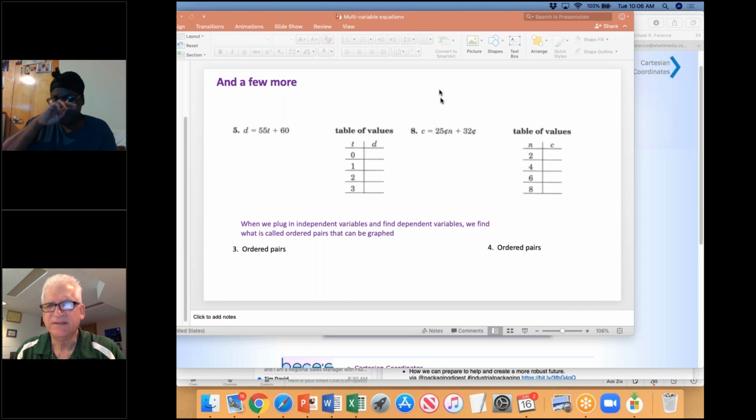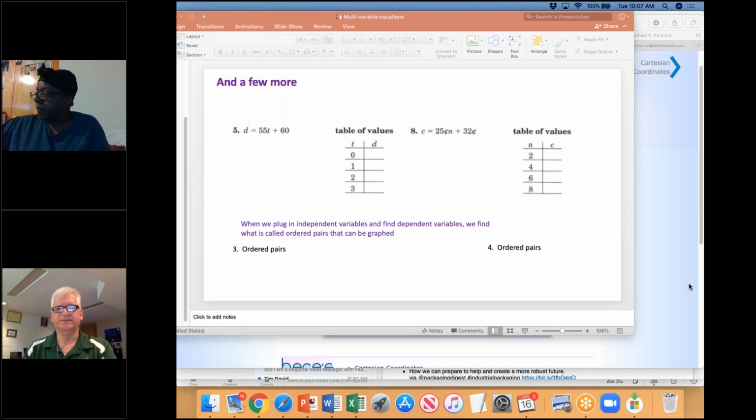And the same over here. 25 cents times n plus 32 cents. When n is 2, you plug the 2 in for the n, multiply, and add the 32, and then you get a value for c. Same for 4, you plug the 4 in for the n and multiply it by 25 cents, add 32 cents, then you get a value for c, and you'll have 4 pairs.